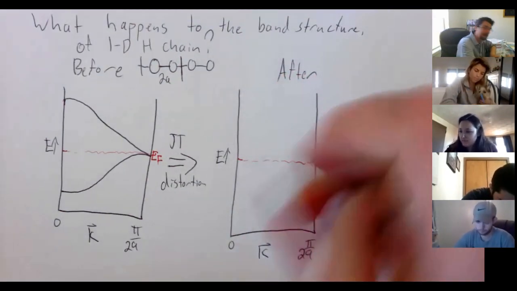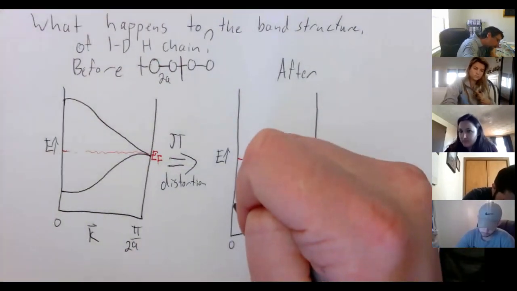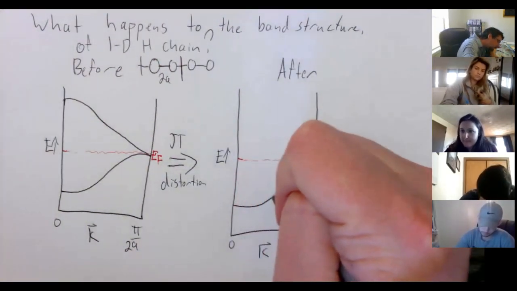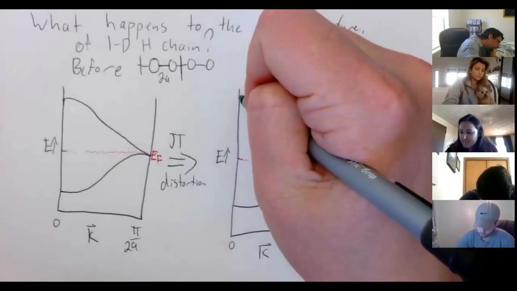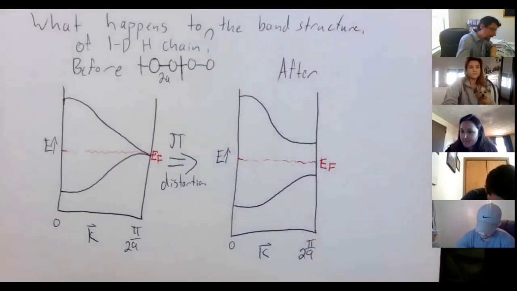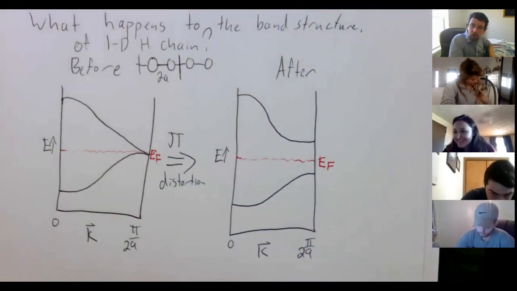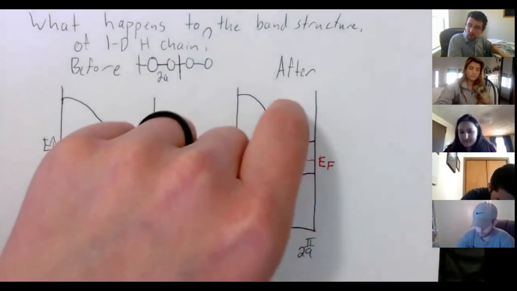So EF will be right in the middle, but now the bands are going to split apart a little bit more. Okay. Now, why is this one going lower? Why is this one going higher?